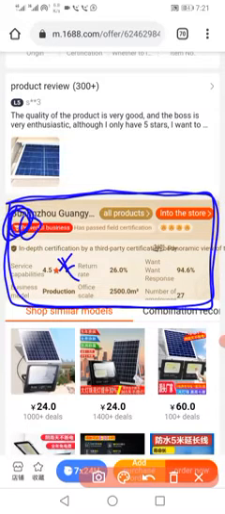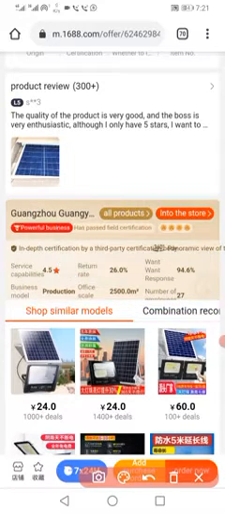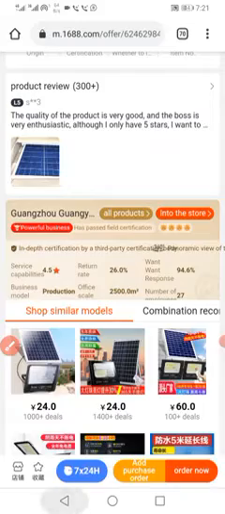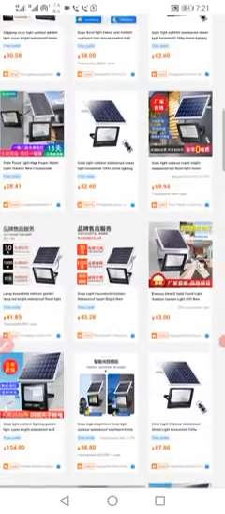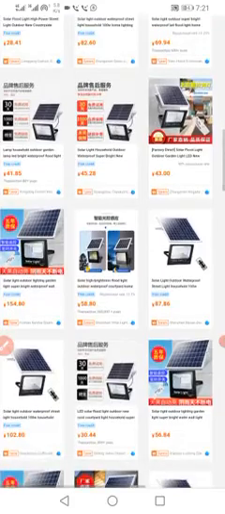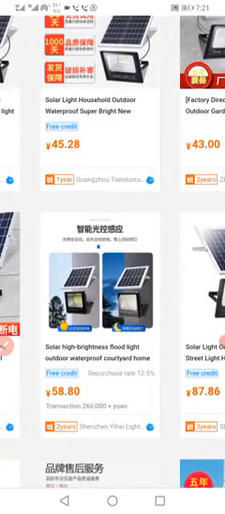Let me go back and look at another manufacturer so you can see that yourself. Let me look for the one that has the second highest transaction, 260. This person is not verified.